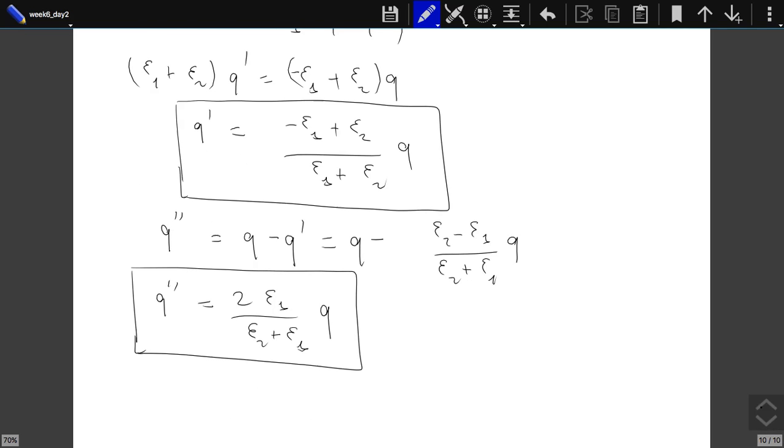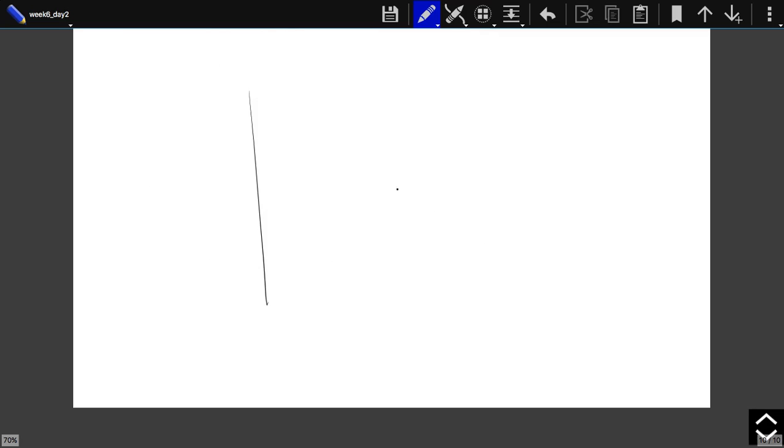Now, another thing we can derive from these relations: if you look at Q prime, the sign of Q prime depends on the permittivities of different media. If the permittivity of region 1 is larger than the permittivity of region 2, then the image charge is negative. So epsilon 1 is larger than epsilon 2, the image charge will be negative.